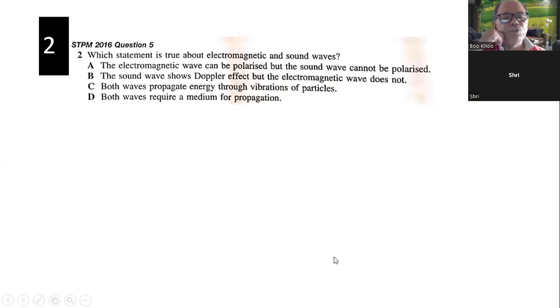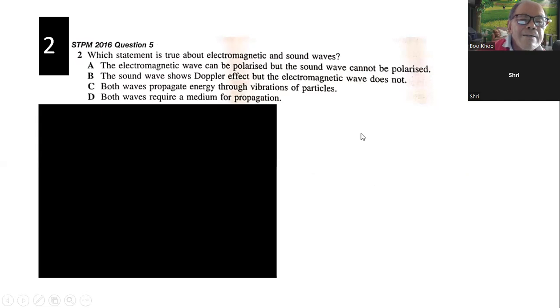Which statement is true about electromagnetic and sound wave? What's your answer? A. Again, A. True, correct. Sound wave shows Doppler effect.